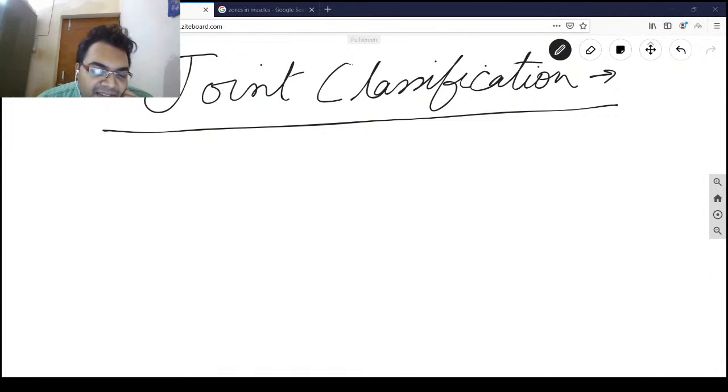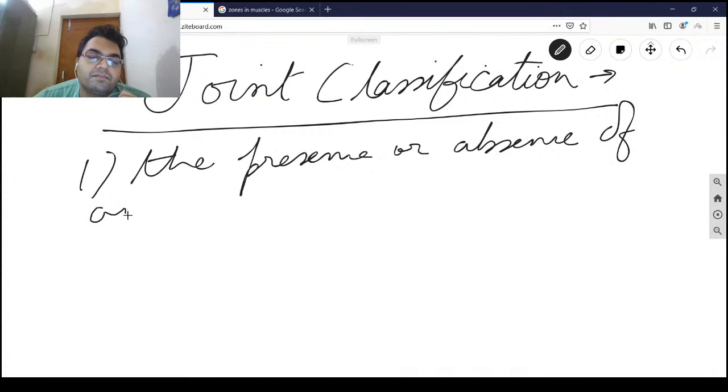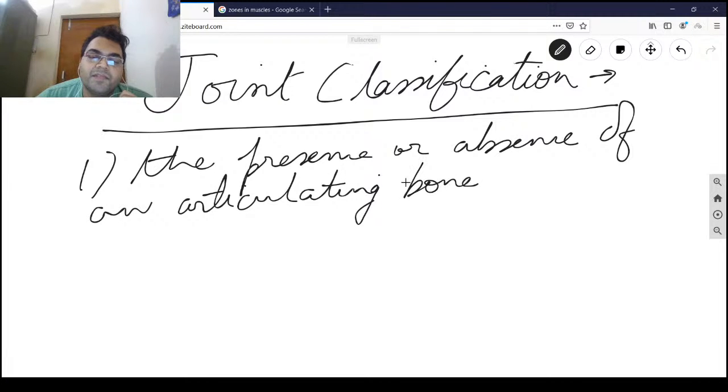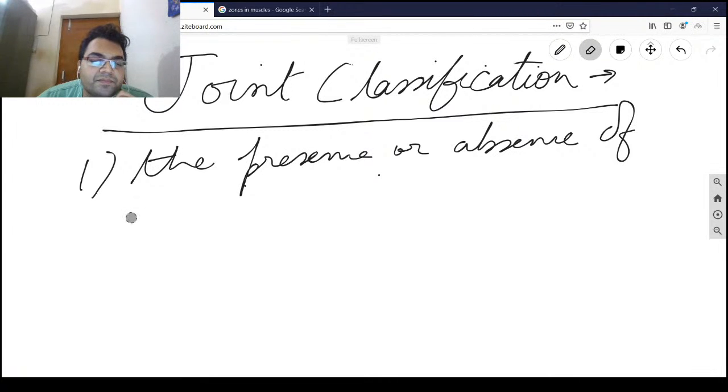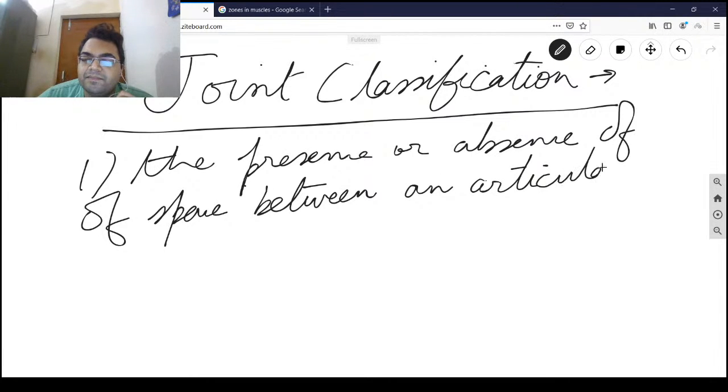The presence or absence of space between the articulating bones, that is the connecting bones, which is known as the synovial cavity.